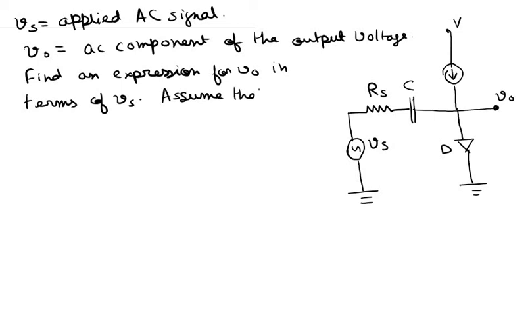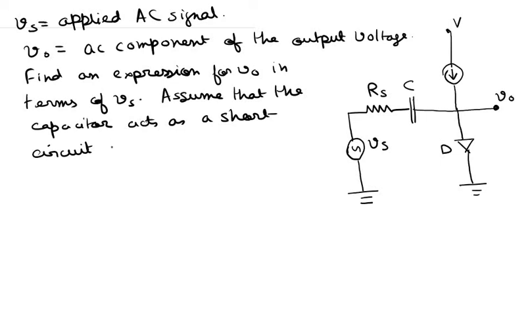Assume that the capacitor acts as a short circuit to the AC signal. So you are given these points, and you are asked to find out the AC component of the output voltage.